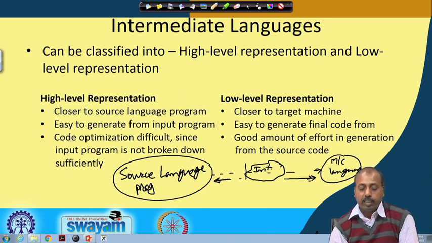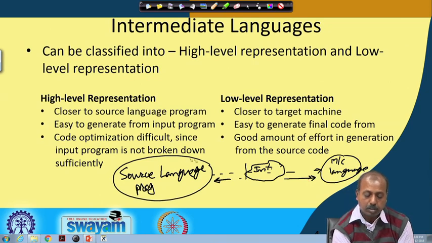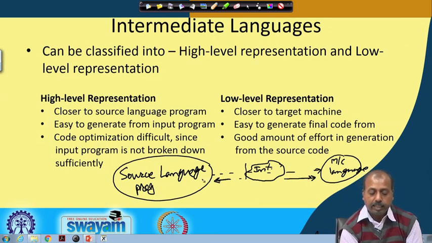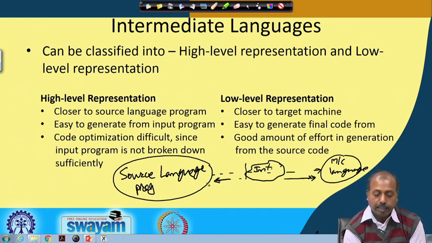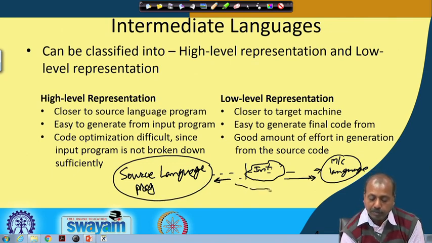Now, which one is better? It is difficult to answer. If it is close to the source language program, then it may be very easy to generate this intermediary code, because the language constructs may be more or less similar. So, the amount of job needed for doing the translation may be small. However, this part will become difficult then.